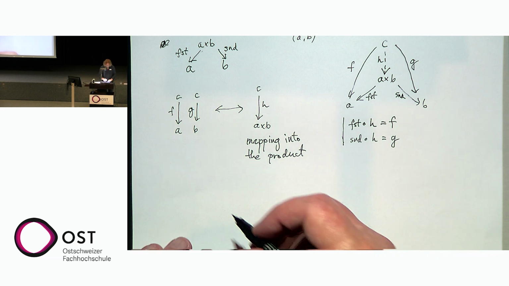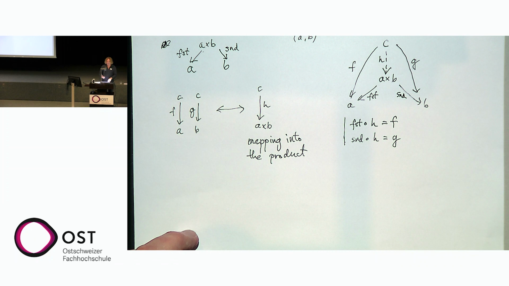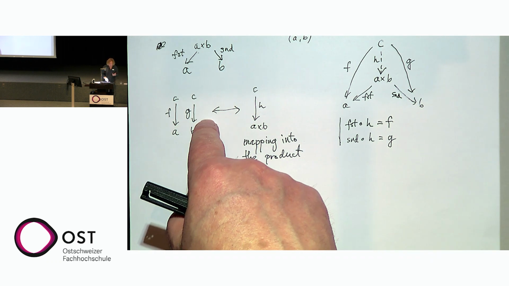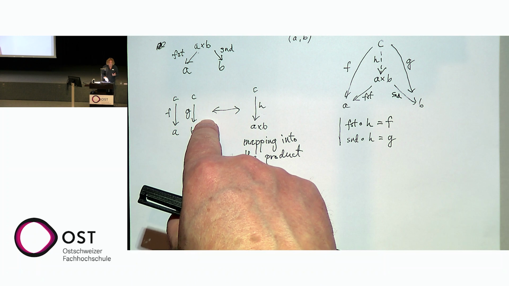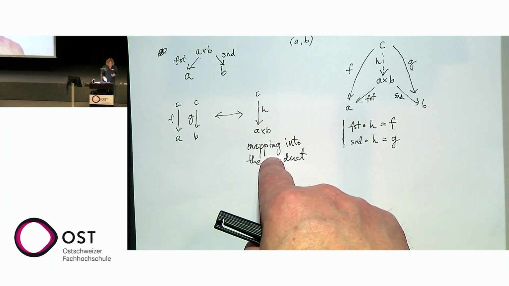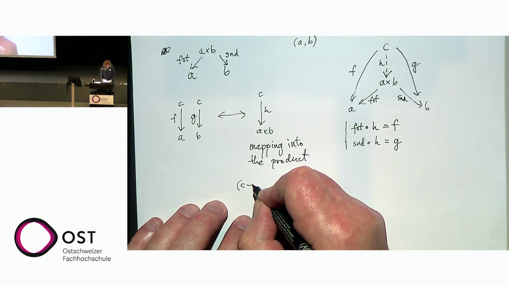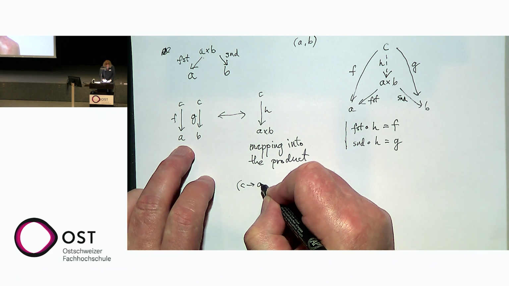And in Haskell, so in Haskell you can do this actually, because in Haskell you have higher order functions. So you say, well, is there a function that takes two functions of this type and gives me a single function of this type, right? So this would be a function that goes C to A, right?